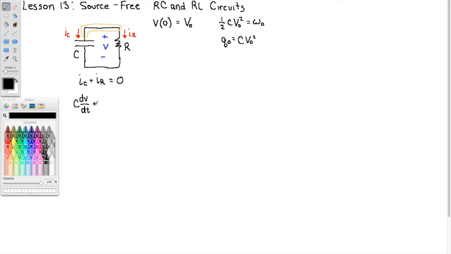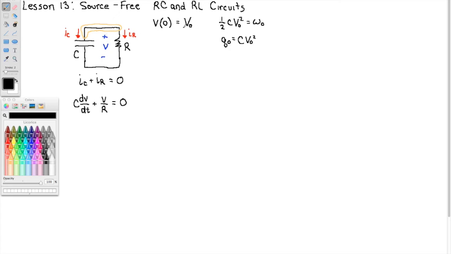Plus, we can use Ohm's law to express the current through the resistor. That is V over R. And we are interested in how the voltage changes as time goes on.